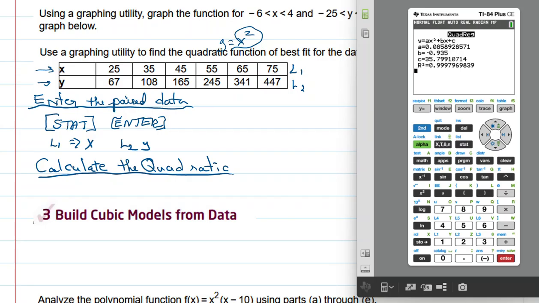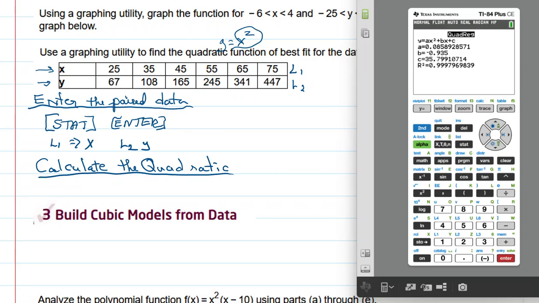And then we're saying b is a negative 0.935, and c is 35.799. I said 3 decimal places. It depends on how accurate you want it. If we did 1 decimal in this one, it wouldn't matter. But you would write this on your page and then put it in y equals.